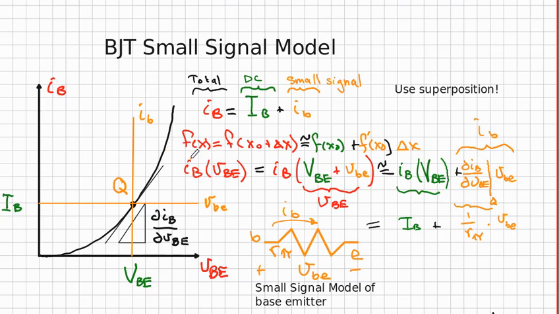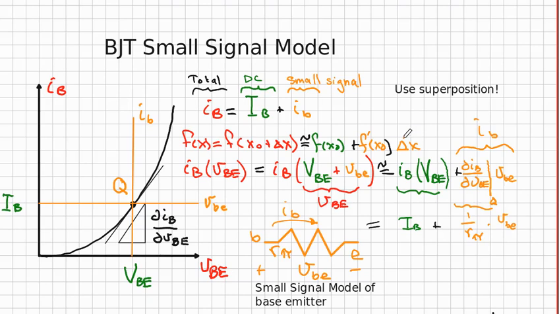Let's remind ourselves a little bit about calculus. Remember, f at x could be written as f evaluated at x0 plus delta x, where x is x0 plus delta x. And that can be approximated by the first two terms of the Taylor series, f at x0 plus f prime evaluated at x0 times the little excursion delta x.